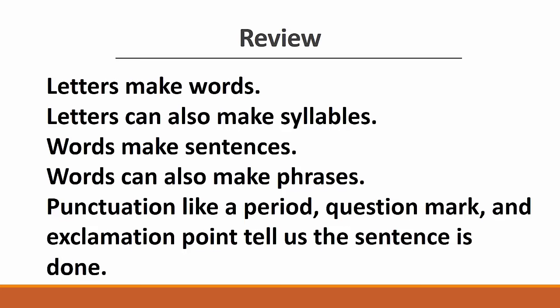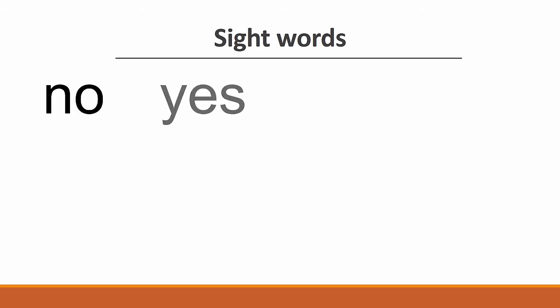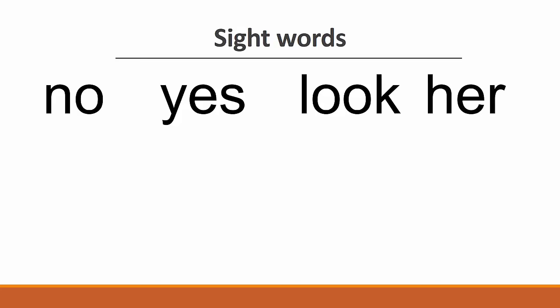Now I'm going to show you some sight words. These are words that I want you to recognize simply by looking at them, not that you have to sound them out. The first one is no. That's pretty easy, just N-O. You don't have to sound it out, because you know when you see it, that's no. Yes. Look, her. Not him, but her. But.